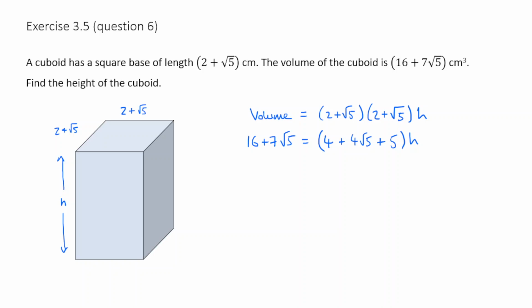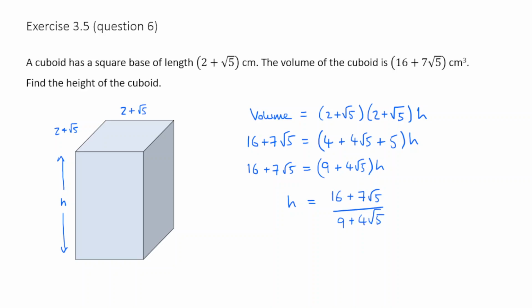Well, we can combine the 4 and the 5 on this side to give us 9 plus 4 root 5 times h is equal to 16 plus 7 root 5. And so therefore, just rearranging, dividing both sides by 9 plus 4 root 5, we know that the height must equal 16 plus 7 root 5 divided by 9 plus 4 root 5.